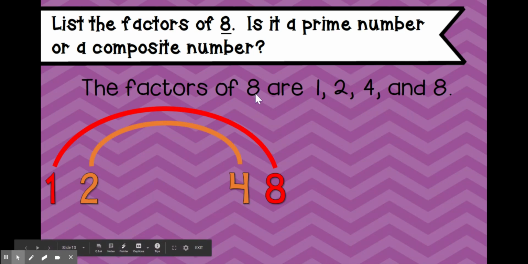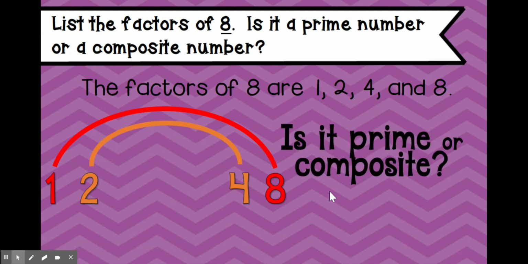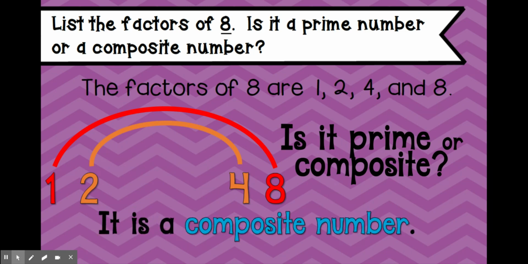So the factors of 8 are 1, 2, 4, and 8. How many factors are those? Is it prime or composite? It is a composite number because it has more than 2 factors.